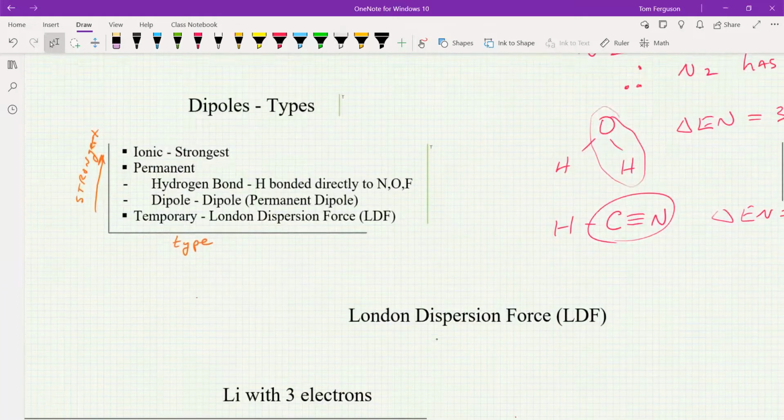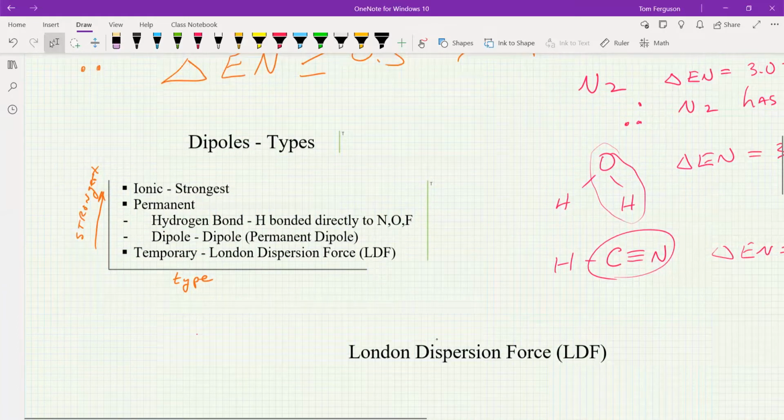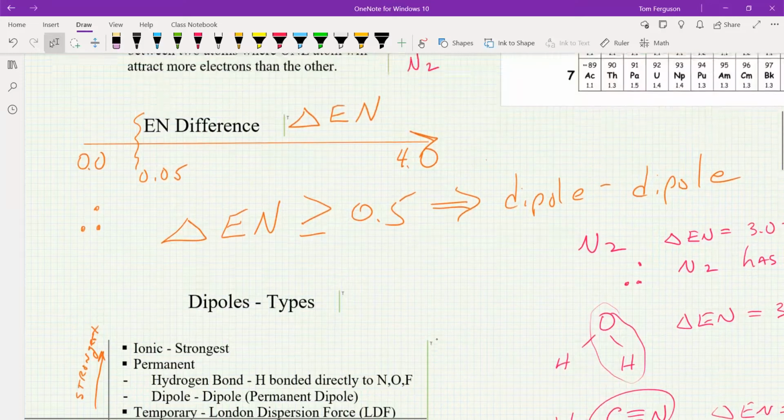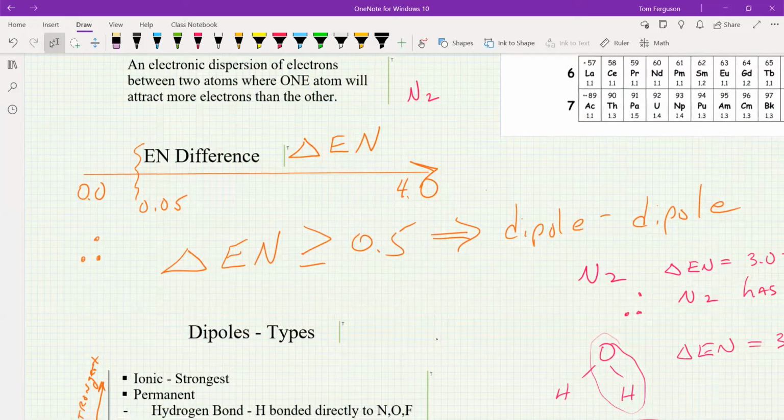Okay. So if we were to look at a continuum from an electronegativity difference of 0 all the way out to 4, there are no discrete areas.